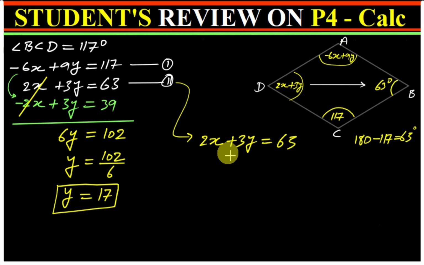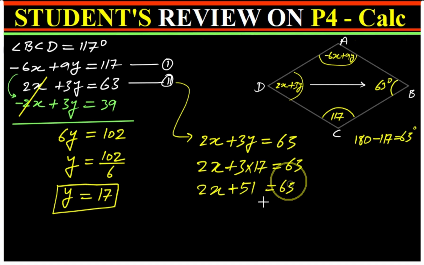If I substitute the value of y, that is 17, we get 2x plus 3 times 17 equal to 63. So 2x plus 51 is equal to 63.